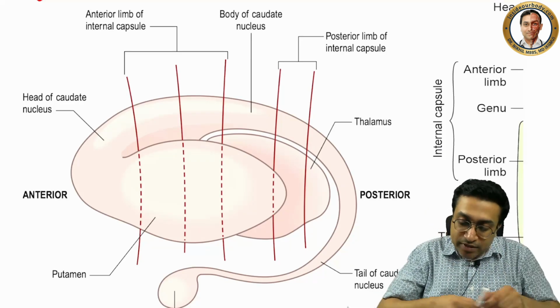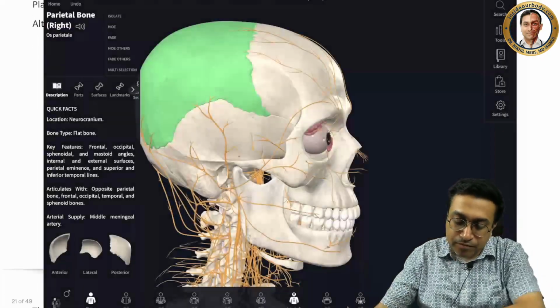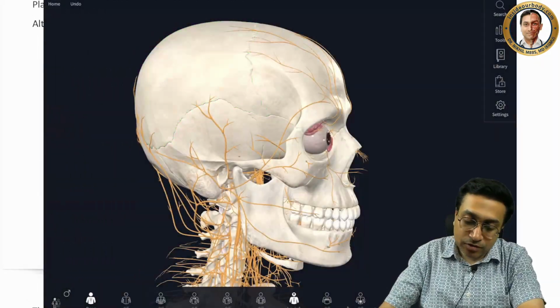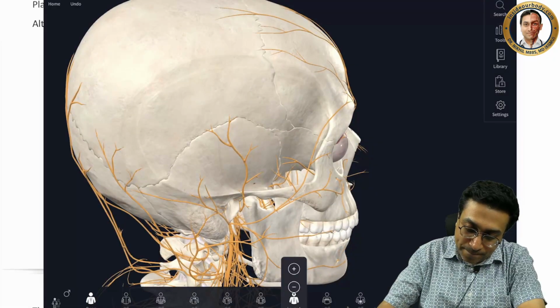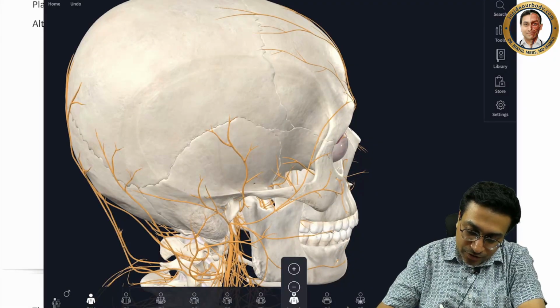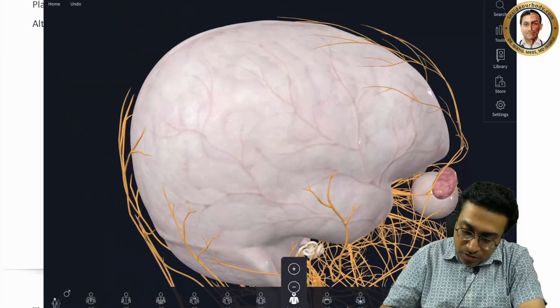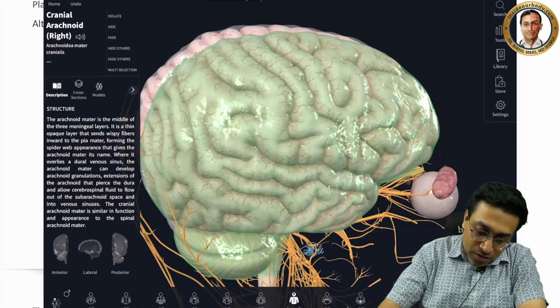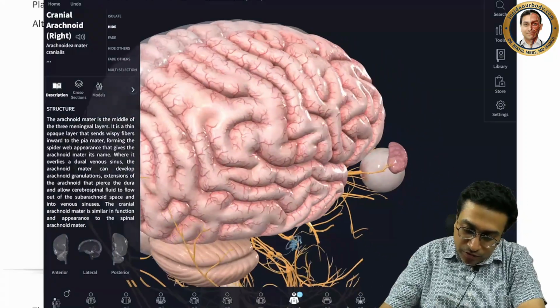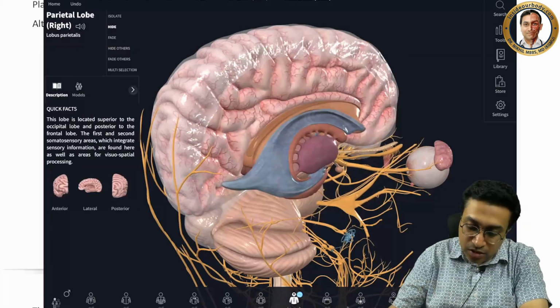So now let us see before I proceed further, let me show you this, okay. Skeleton, let us remove. Okay, I'm removing one side of the cerebral cortex.